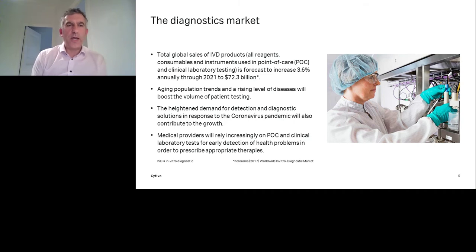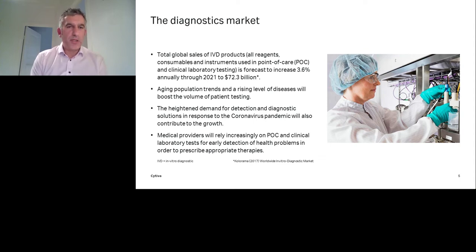So if we look at the diagnostics market, the sales of IVD products used in point of care and clinical lab testing is forecast to increase close to 4% a year, and then by the end of 2021, be a market that globally is north of $72 billion.